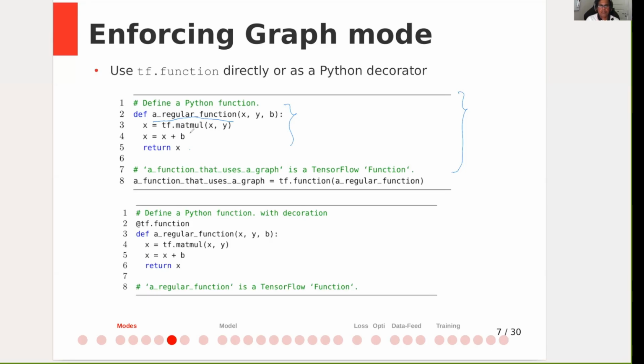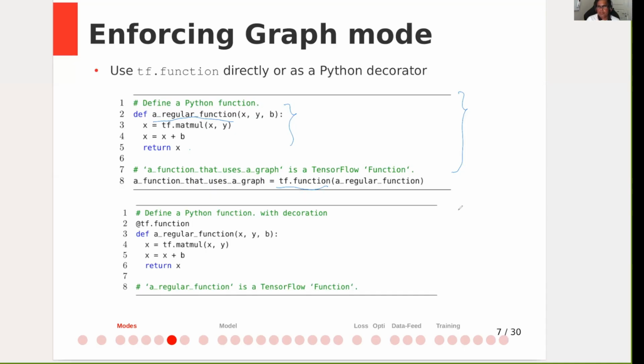But if you want to use this function in a graph, what you can do is wrap your function with the tf.function call. So tf.function calls your regular function, and now it outputs a function that uses a graph. Whenever you call a function that uses a graph, it is actually executed using a graph.